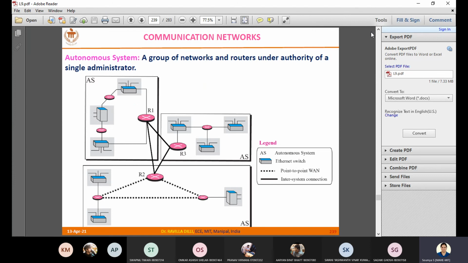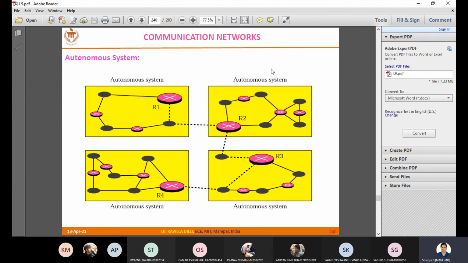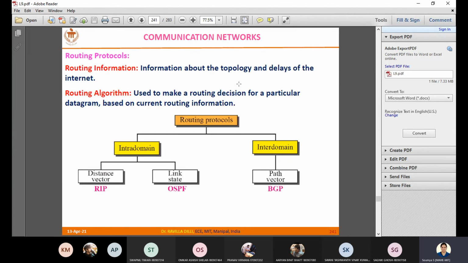A group of networks and routers under authority of a single administrator, that particular group is known as an autonomous system. Different autonomous systems are connected using routers. So thereby you have a network. Now routing protocols that are used here, there are two types, intra-domain and inter-domain.